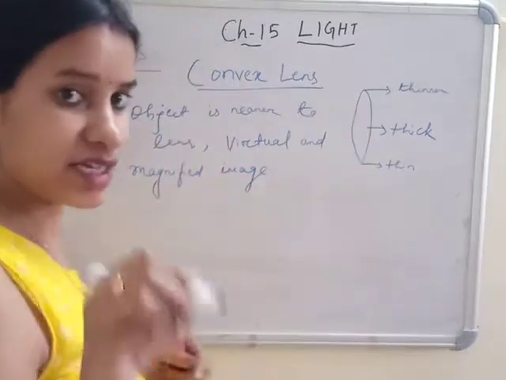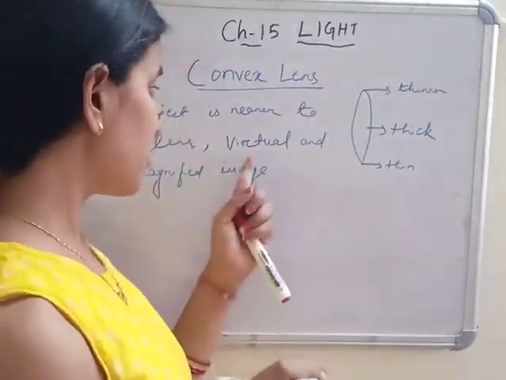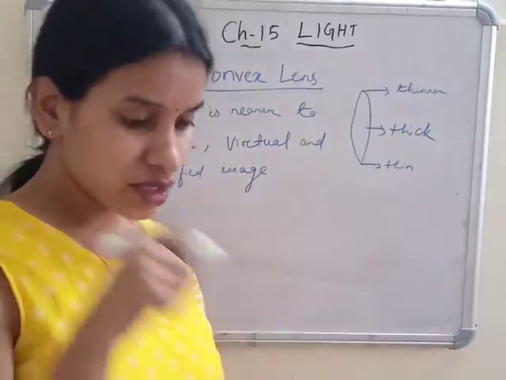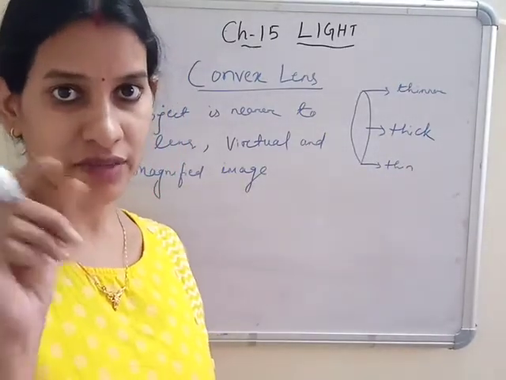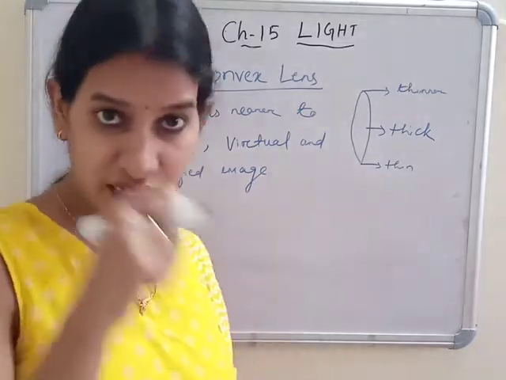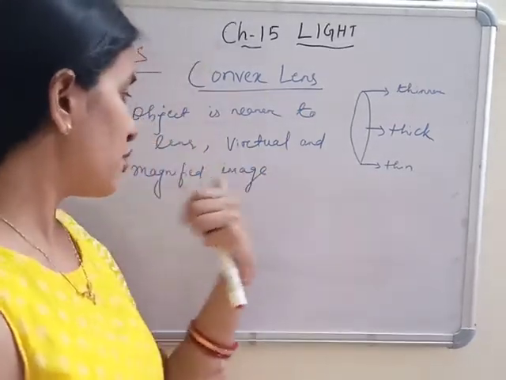The magnifying glass I am using gives you a virtual and magnified image, because when you use a magnifying glass to see letters, you place it very near to the object. So you will find this type of image.